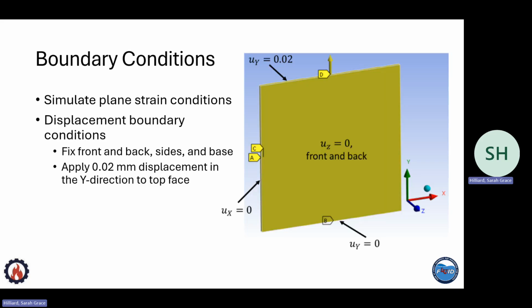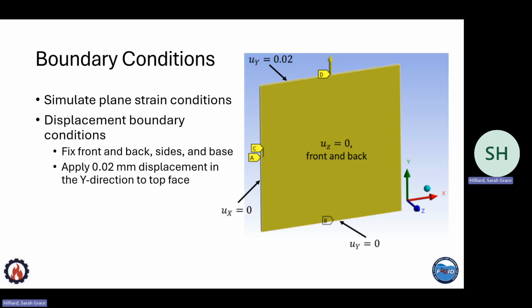We then proceeded to the boundary conditions. For the boundary conditions, we wanted to simulate plane strain conditions, doing a simple tensile test. We set displacement boundary conditions on the piece and fixed the front and back in all directions, as well as the sides and the base.